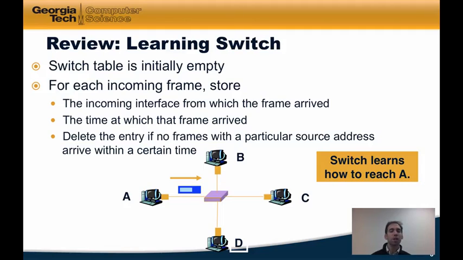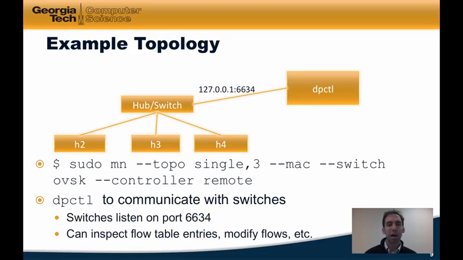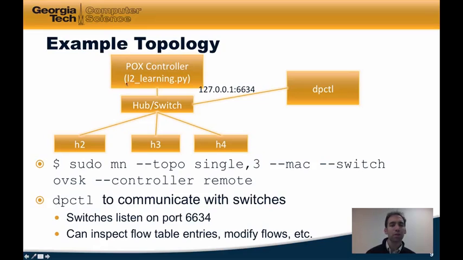In other words, each incoming frame causes the switch to create a new flow table entry. To cause the POX controller to induce that behavior on the Open vSwitch, we attach the POX controller as before, but instead of running the hub code that we just looked at, we are going to run a different set of methods, which is in the l2learning.py file in the POX distribution.